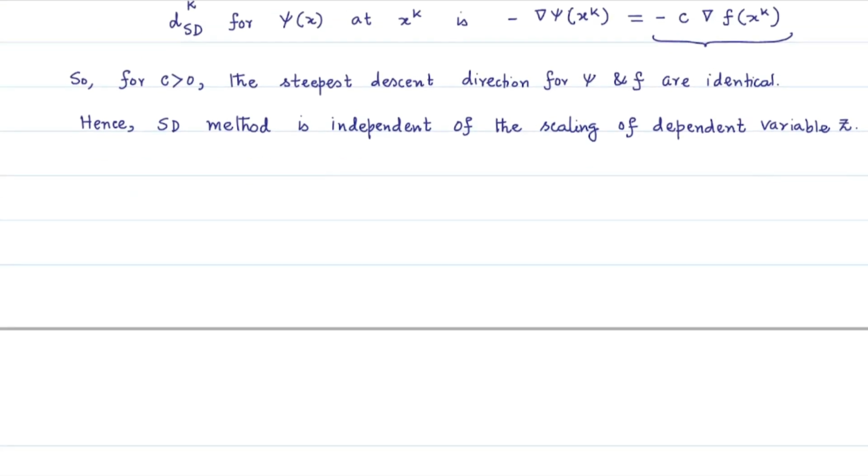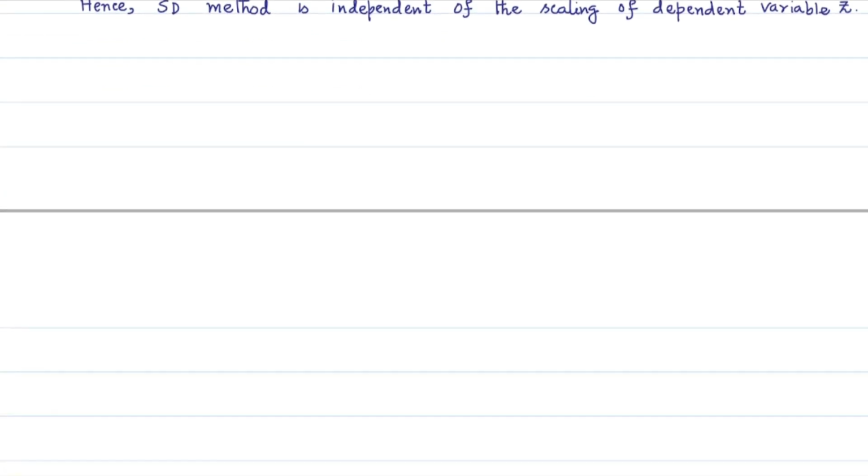Now we will consider a numerical example where the steepest descent method will be executed. For the example, we consider a function of two variables x1, x2 given by half x1 square plus 9 by 2 x2 square. This is a function of two variables having continuous first order partial derivatives.